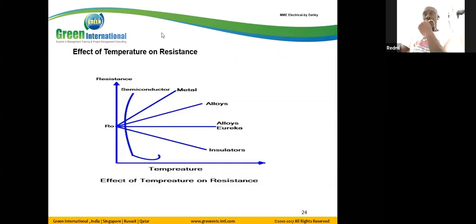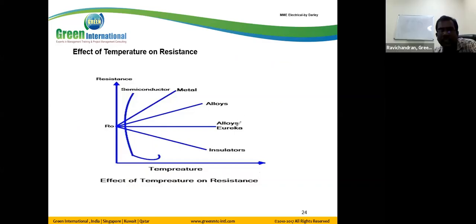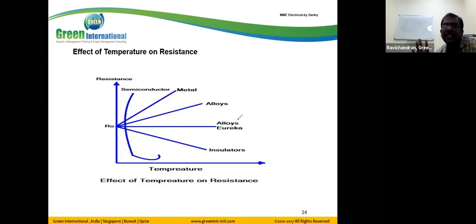Which areas is Eureka applicable to? You said the thermistor. In our construction, if you have a requirement that irrespective of the temperature rise the resistance will not change, whenever we need that type of material, we use this alloy material.